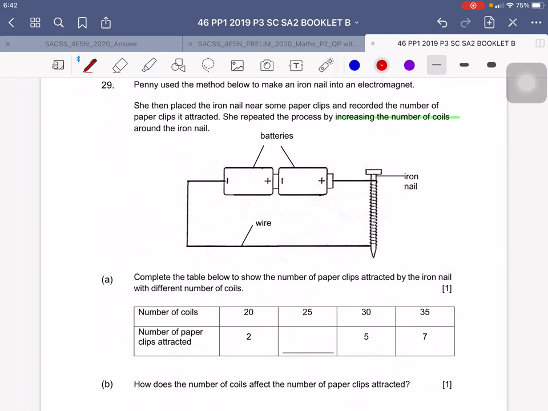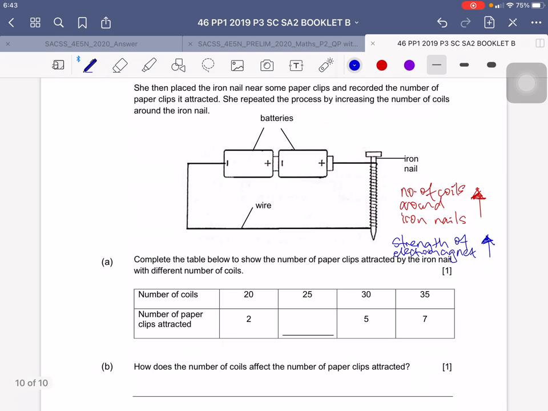So we understand that when the number of coils around the iron nail increases, then the strength of the electromagnet will also increase.